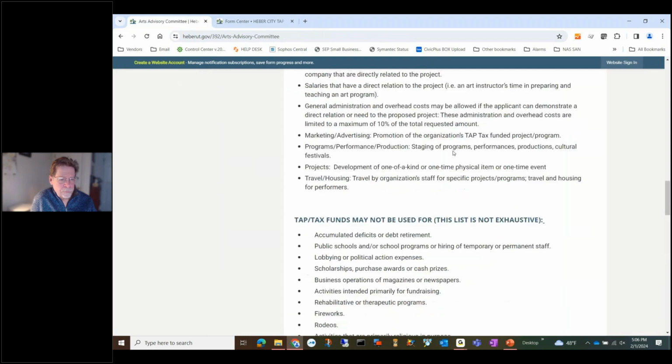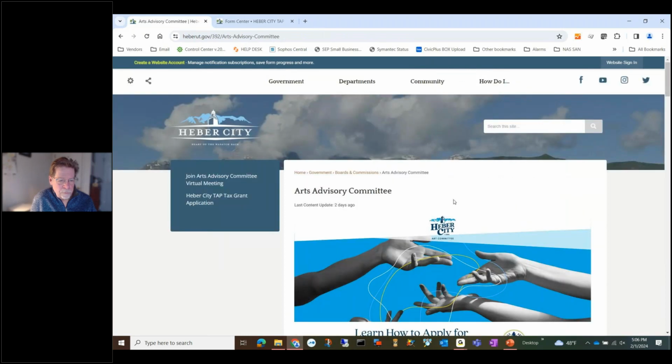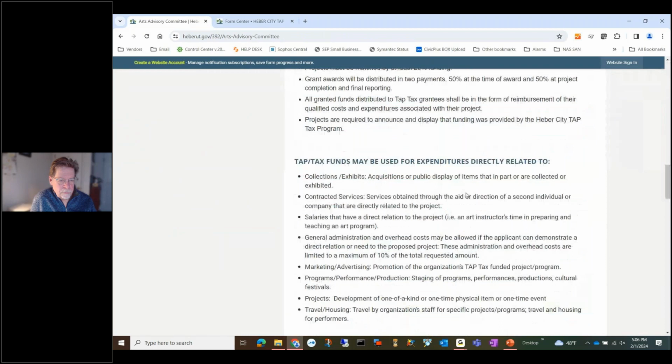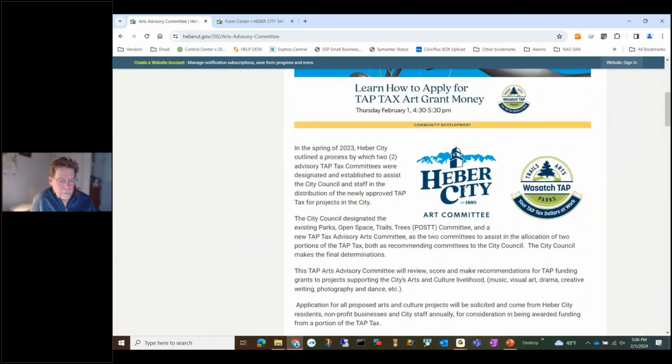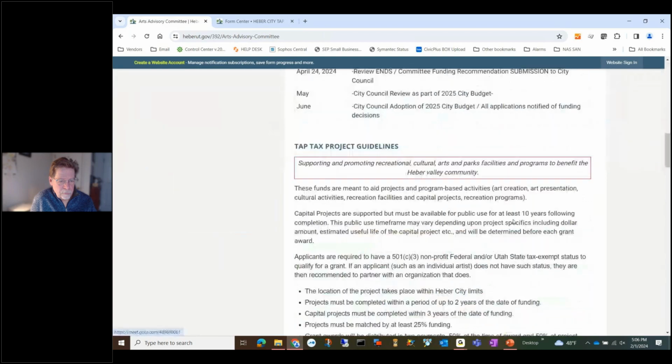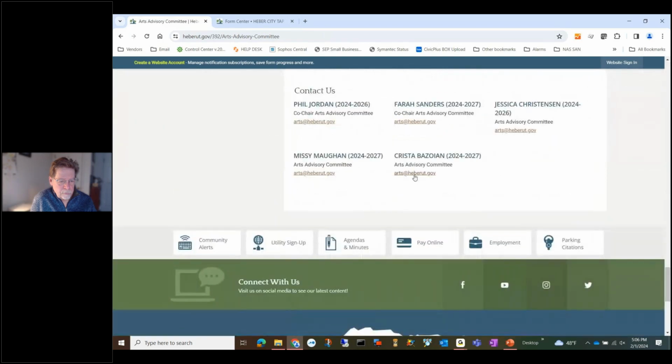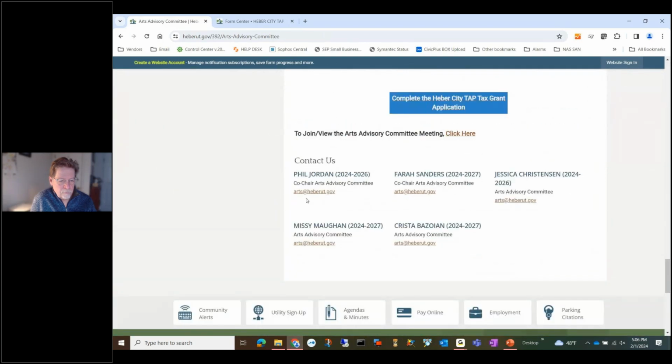If you go to the Arts Advisory Committee page, we'll put a link up on the top. But we'll just send any questions to arts@heberut.gov. There it is, arts@heberut.gov. And while we're here, a great opportunity to say thank you to our volunteer arts committee, as you see here.